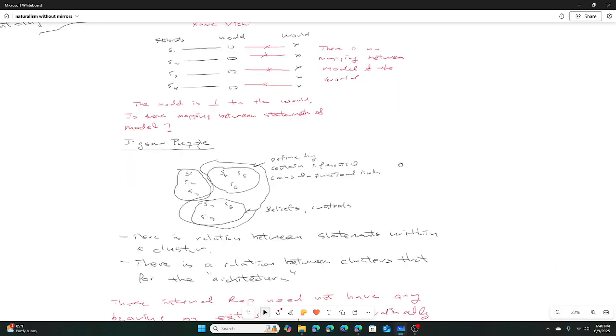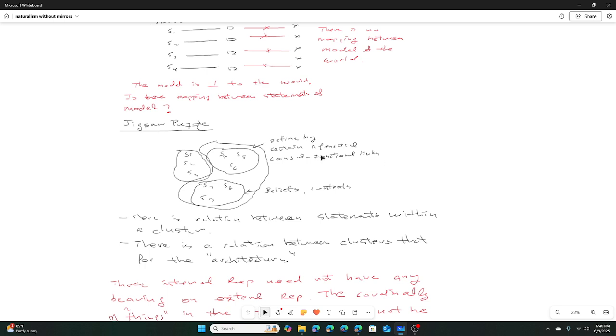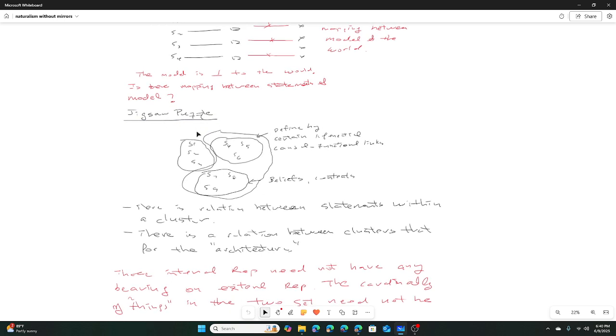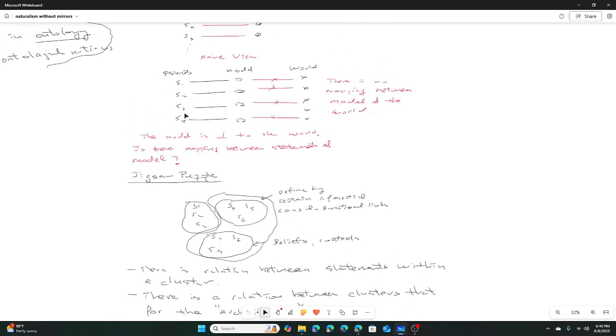Later on in the paper, the author talks about this thing called the jigsaw puzzle, where we could think of the left hand side as statements, and we could group these statements into clusters. You can have a cluster of statements, let's say the moral statements.